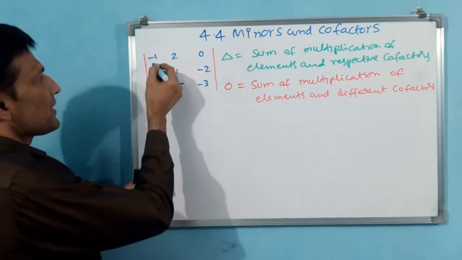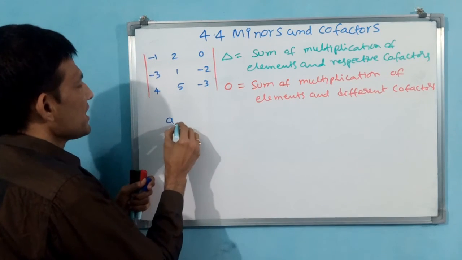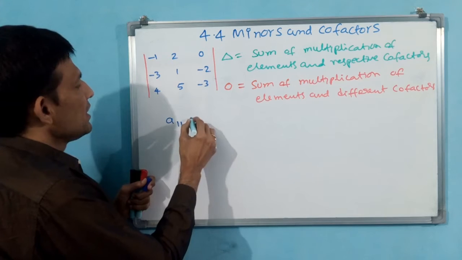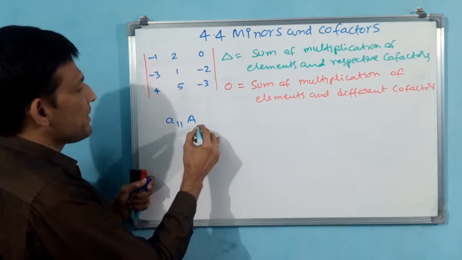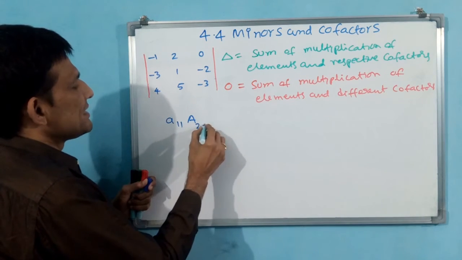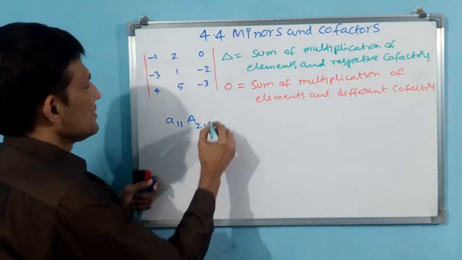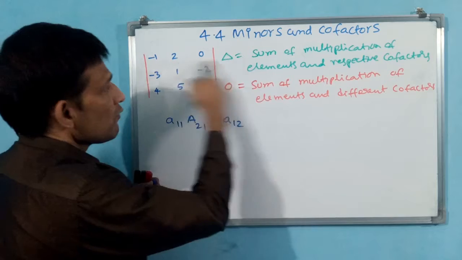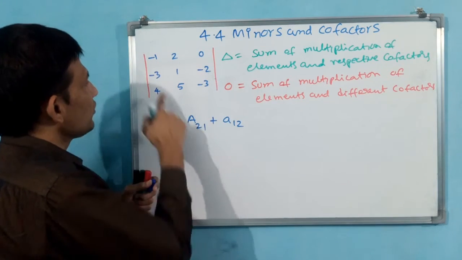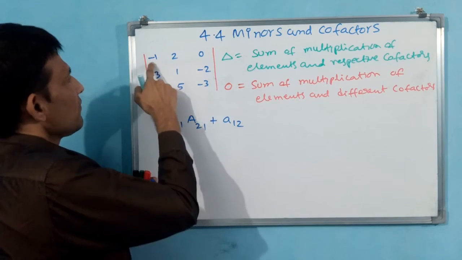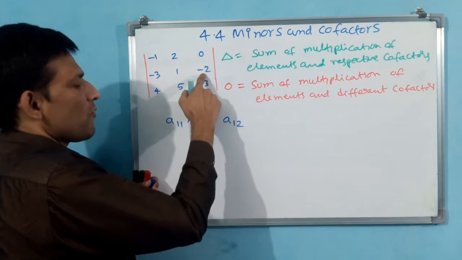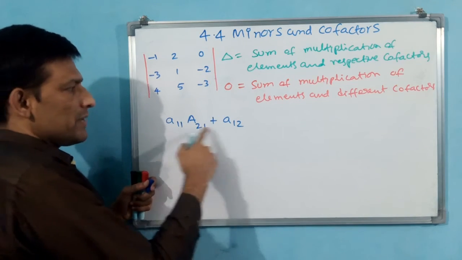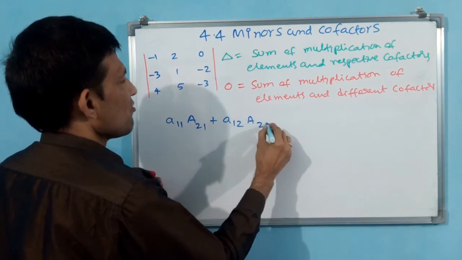What is the different cofactor? You see, I have taken A11, but rather than A11 multiplied, see, A21, plus, I have taken A12. If you take one row, completely one row you have to take, and this also you have to follow with the second row. First row element, second row cofactor, A22.